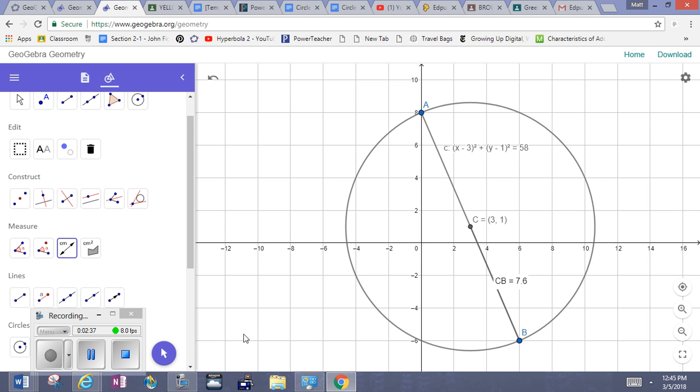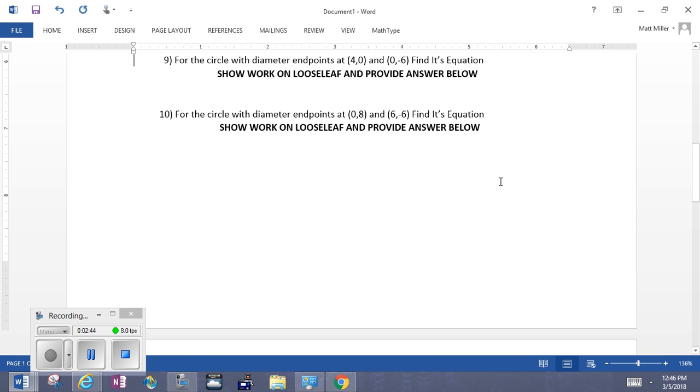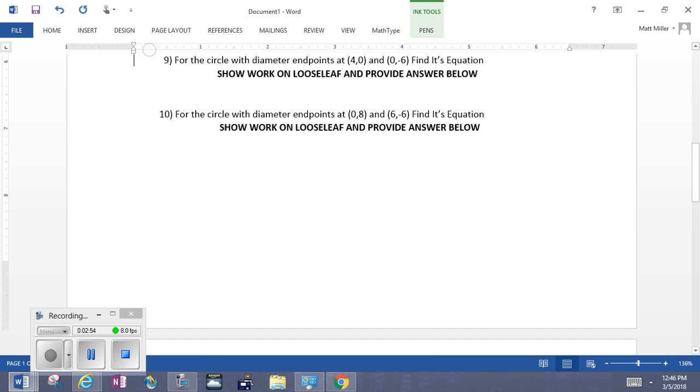So let's go back and see what we have to do on that problem to get the same answers, okay? So, here we are. We're going to pull up my pen here. So we reason it out: what we want is the midpoint between A and B, which would be the center.